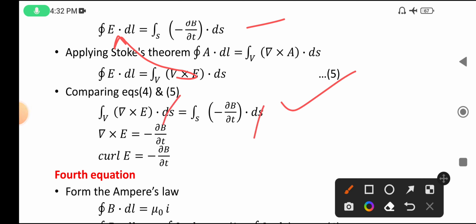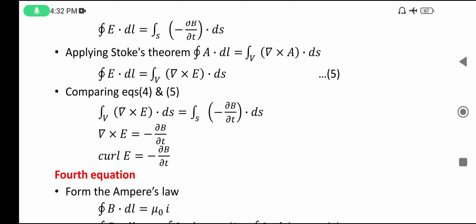Now it is ds, integral. It is not V; it is also S, not volume. Sorry. Then in the place of del cross E, what do we have? This one.